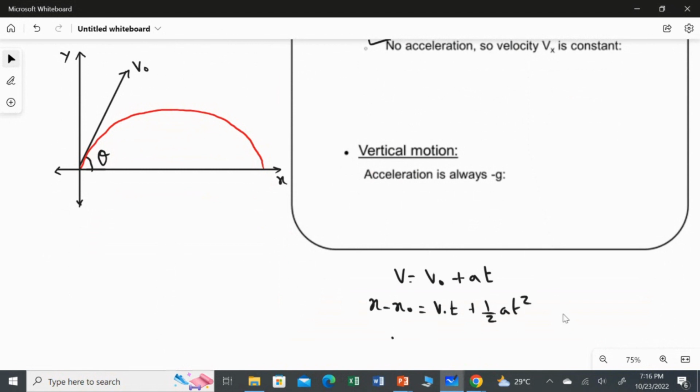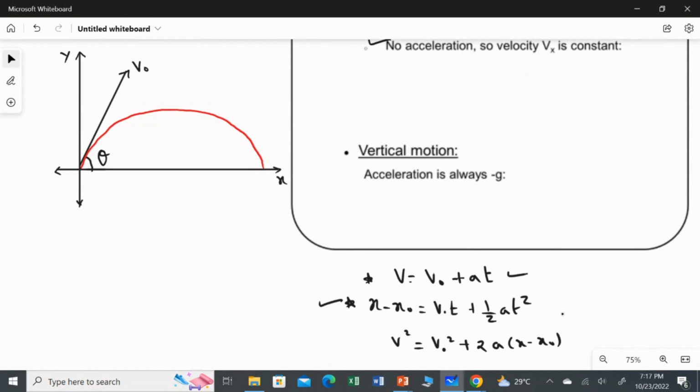And the third equation is v square equals v0 square plus 2a times (x minus x0). For today's concept, I am going to use only two of these equations. For getting the displacement equation, I am going to use the second equation. For getting the velocity of the projectile, I am going to use the first equation.